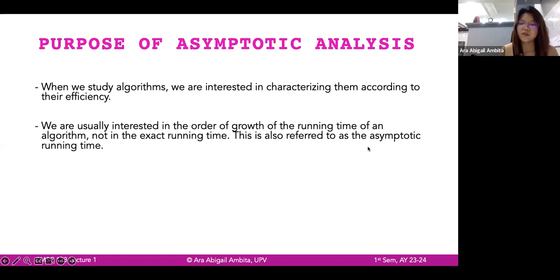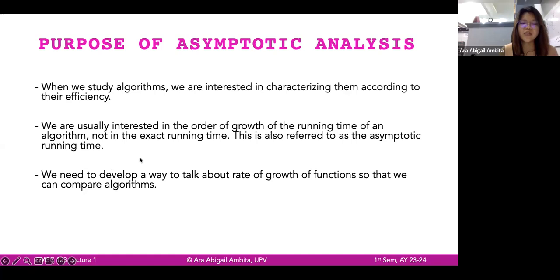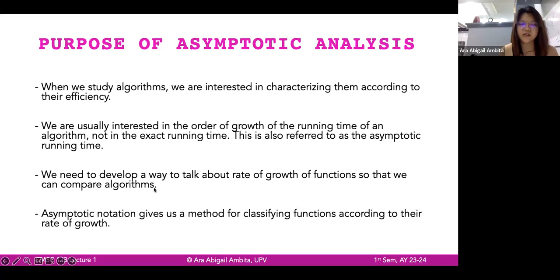This is also referred to as the asymptotic running time. We need to find some way to talk about the rate of growth of functions so that we can also compare our algorithms. Asymptotic notation gives us a method for classifying functions according to their rate of growth.